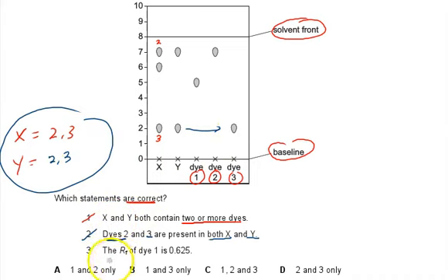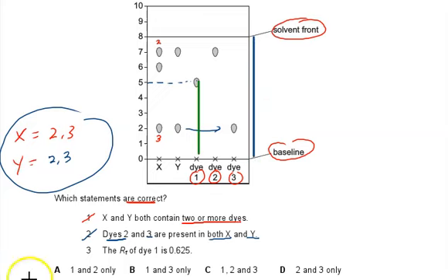Okay, number 3: the RF of dye 1 is 0.5. Now let us look at the calculation here. We have to calculate based on this line, the green color, and you also have to follow the baseline to the solvent front.